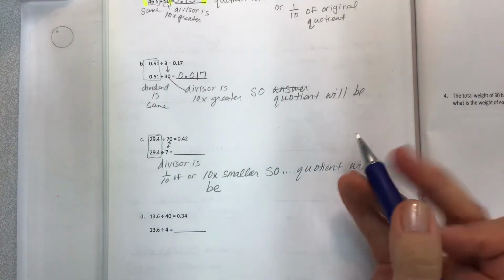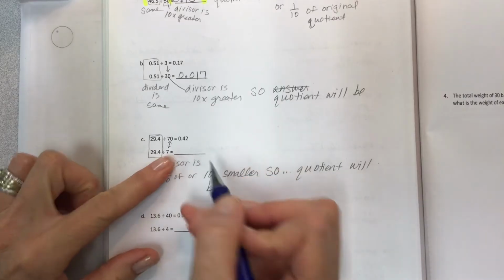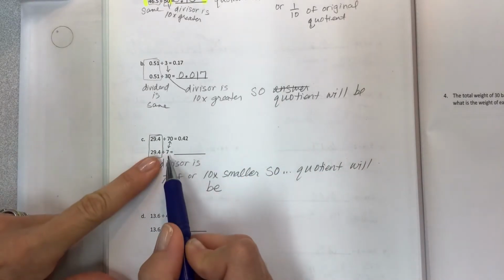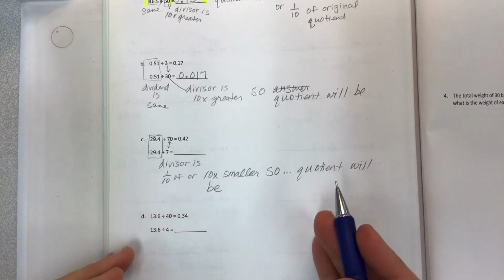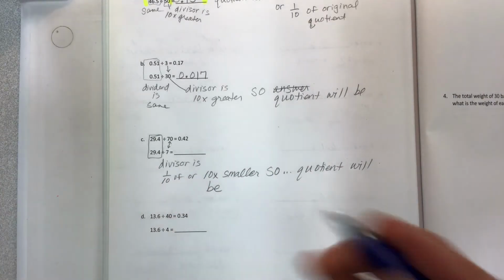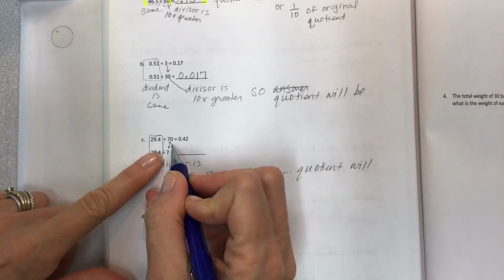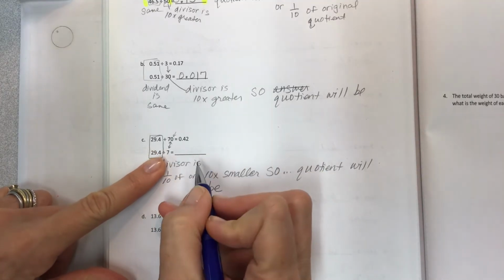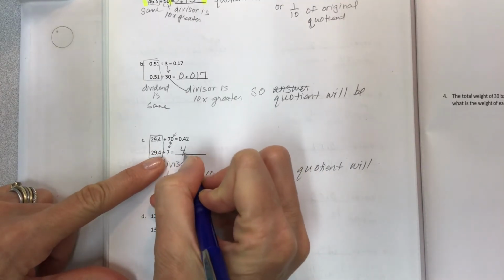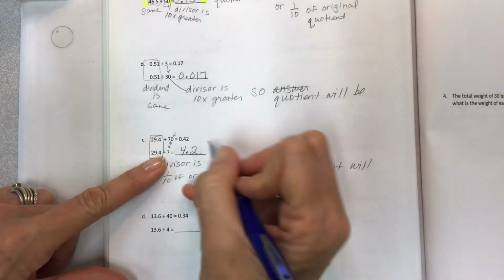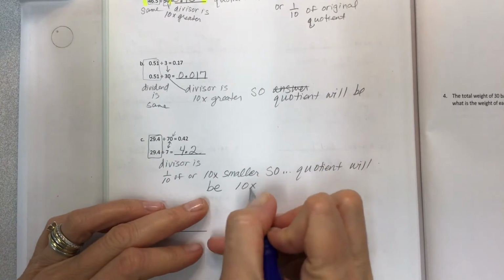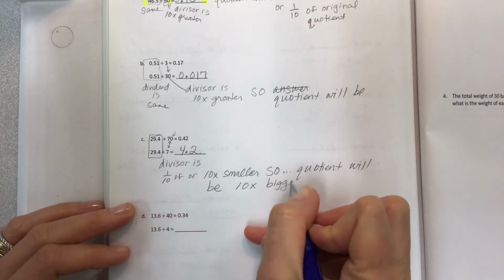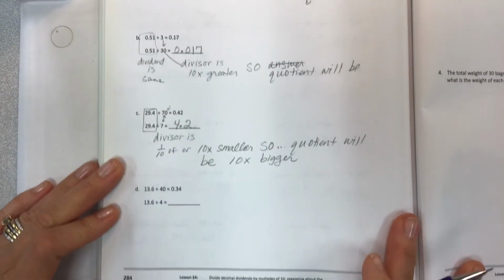Pregnant pause, that's what you call that. So the quotient will be what? If the divisor is smaller, then the quotient will be bigger. So how much will it be bigger by? It's got 1 0, so that's going to be 1 place value position. So you basically take that and multiply by 10. 10 times bigger. And now we can say 10 times bigger, and that's okay.